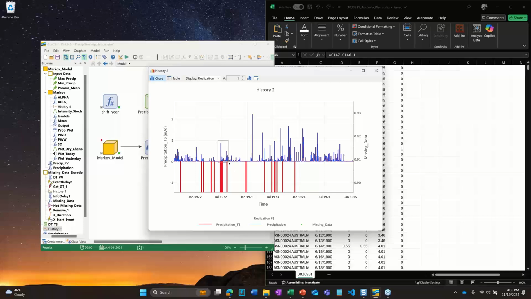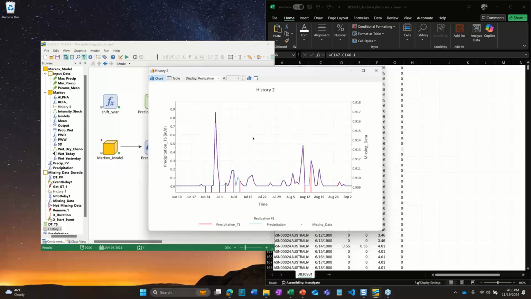But if we zoom in here, what you can see is that the red line drops down to the -99. That means it's missing or it's gone. And then what we do is we fill in where that's gone with a new number. In the case that we're looking at right here, because this point that I'm pointing at was dry on that day, we're going to use the lower probability of it raining on the next day.